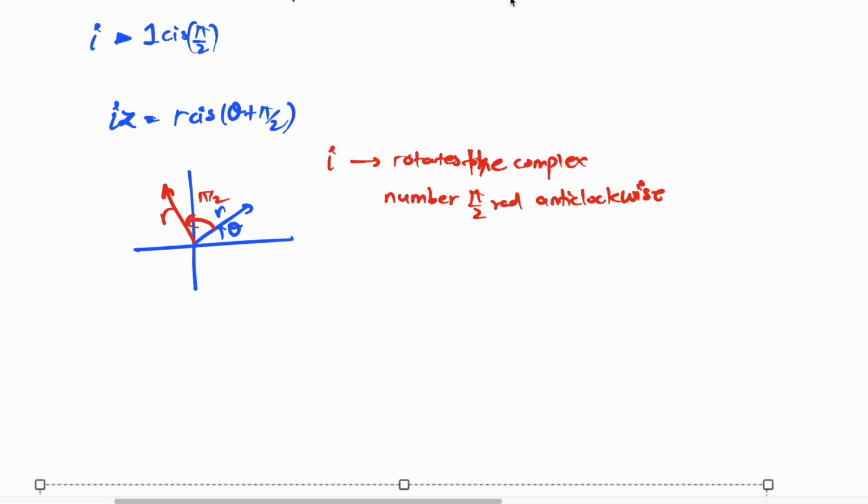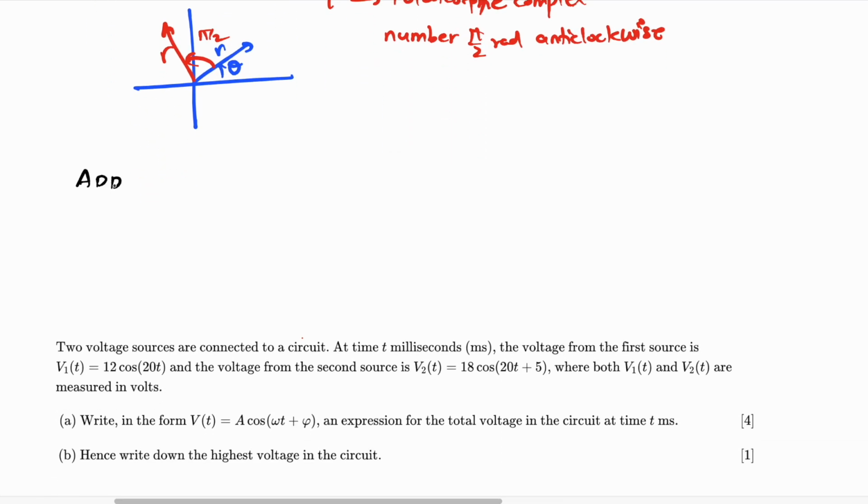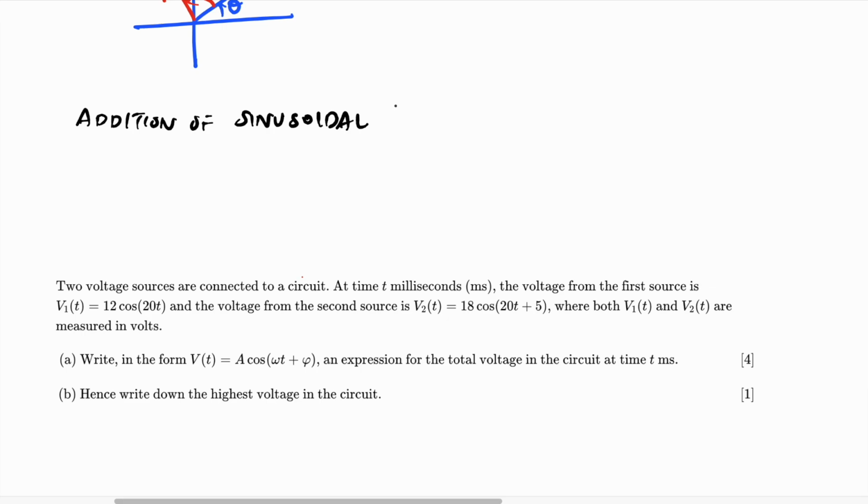The last application of complex numbers is addition of sinusoidal functions. So if I have two sinusoidal functions, basically trigonometric functions, sine and cosine functions, then to add sine and cosine functions of the same frequency or the same period, I'll use the concept of complex numbers.